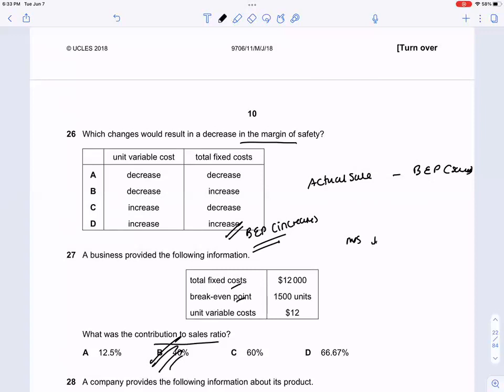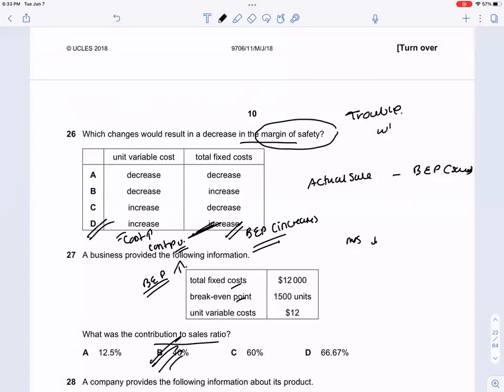And unit variable cost? Because variable cost is a cost, if the cost will increase, contribution per unit will decrease. If contribution per unit will decrease, the break-even point will increase. So increase and increase. So your safety will be in trouble when your cost increases.